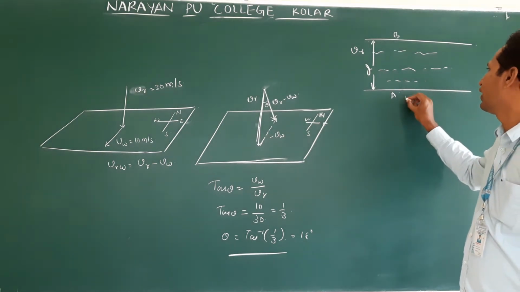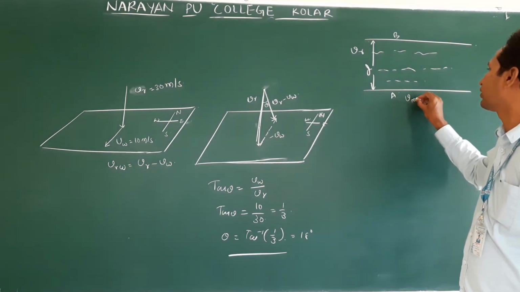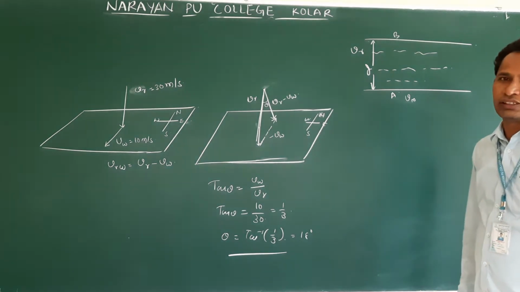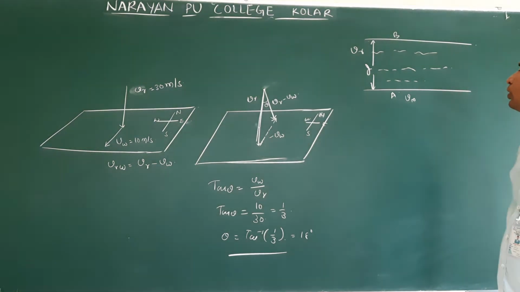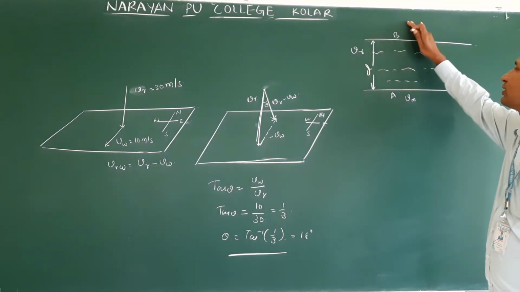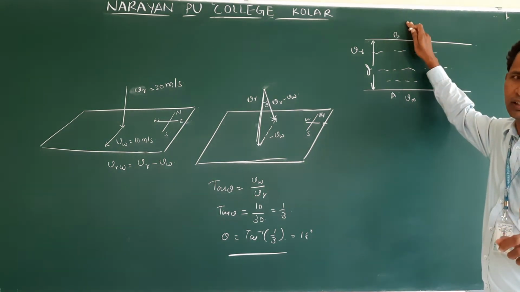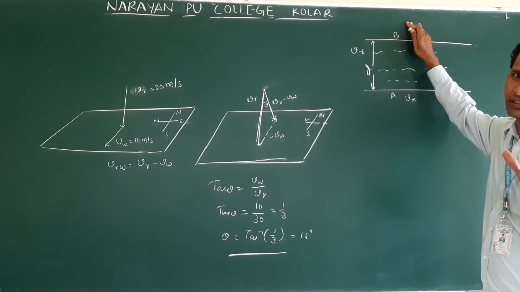So Vm is the velocity of the man with respect to ground. Clear? So there are two possibilities to reach the other side. One is shortest time, another one is shortest distance.